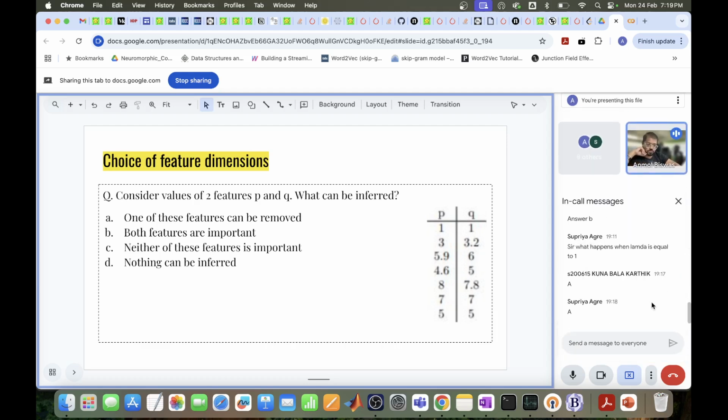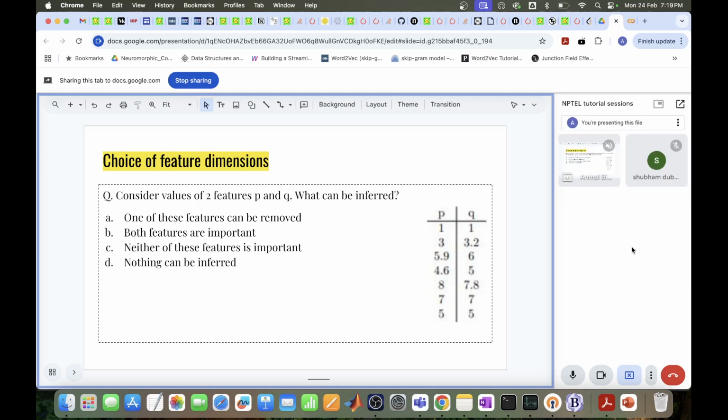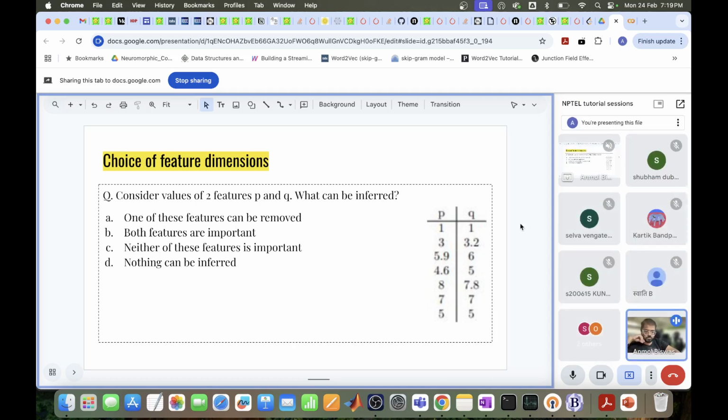Yeah, so like I said, it's a very simple question. All you need is visual inspection, and just by looking at this data, you can figure out that you're not really getting much additional information by considering these two features separately, right? Because the values are very close to each other.